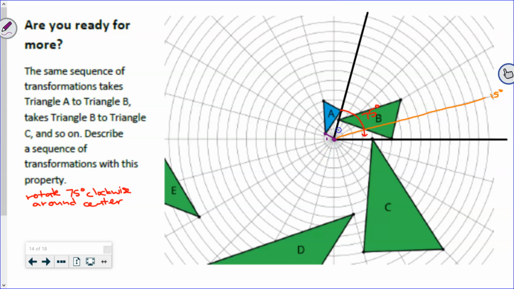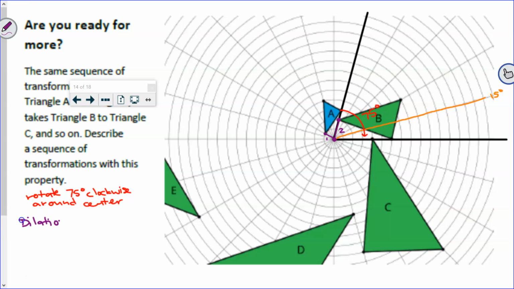But in the new figure, it's no longer on the first radius because it's on the second, so that gives us a distance of 2. How does a 1 change to a 2? Times 2. So this is a dilation with scale factor 2. And I didn't name the center because the center of dilation is the center.